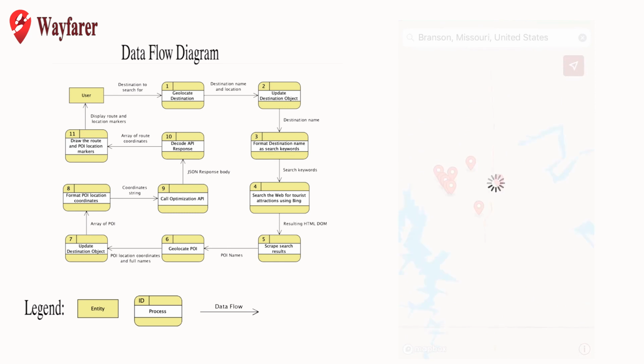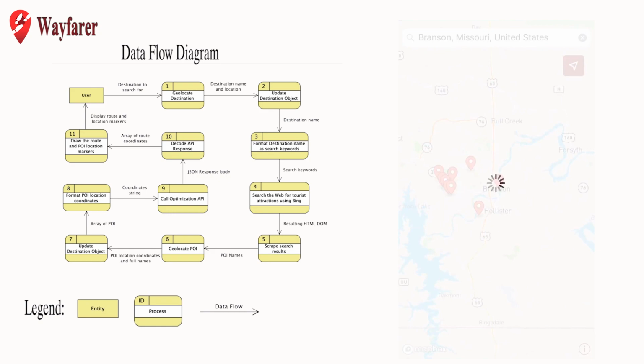I use the destination's name and location to update the destination object. Next, I format the destination name so I can pass it to Bing's search engine. Once Bing returns search results, I use SwiftSoup to parse the resulting HTML DOM and get the information that I need. In other words, I get the names of the points of interest. Those are the tourist attractions that Wayfarer will suggest back to the user.